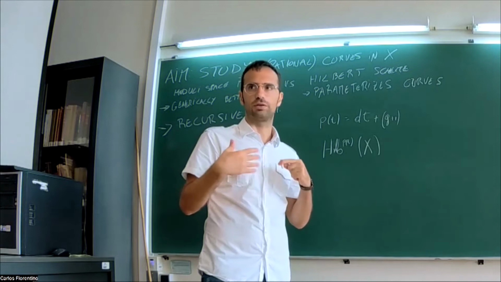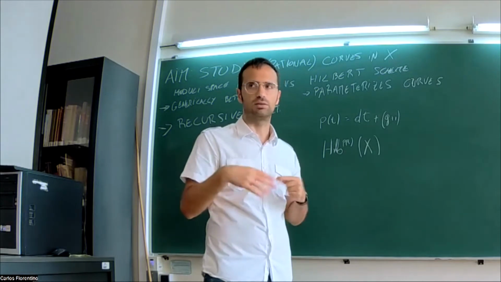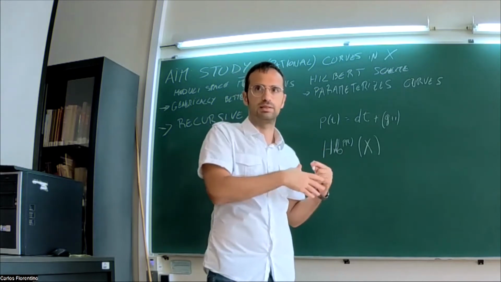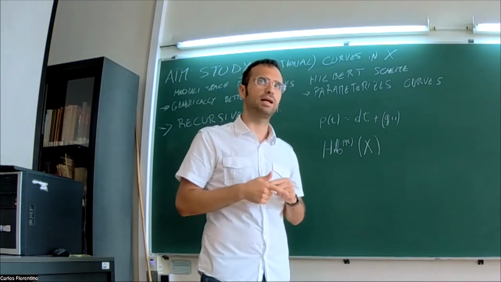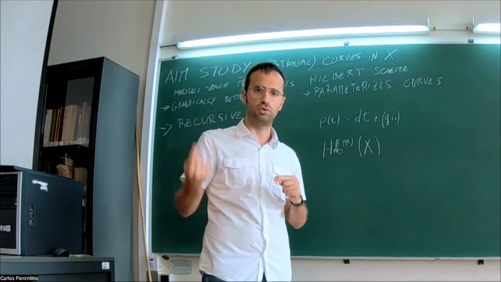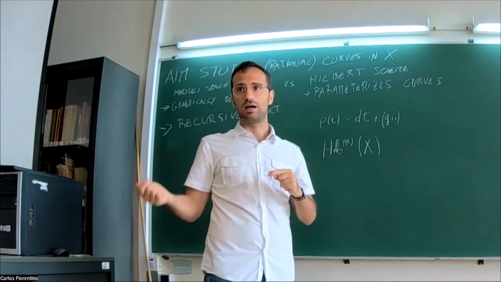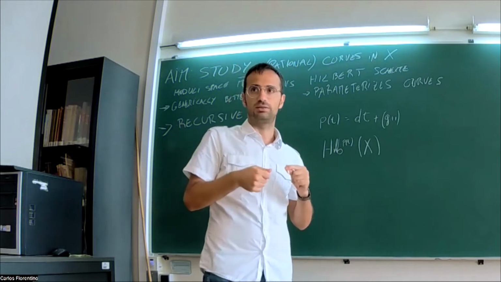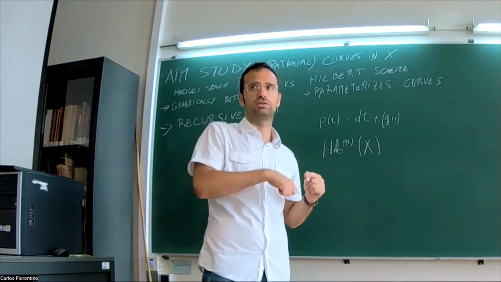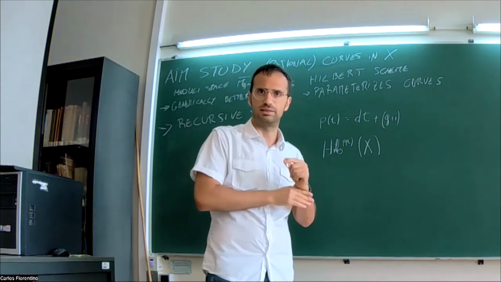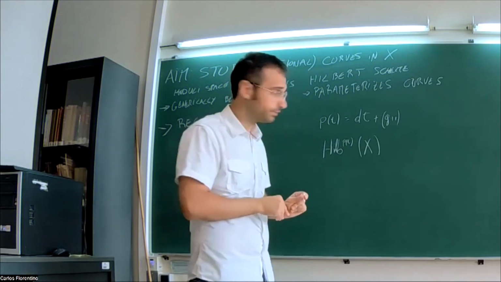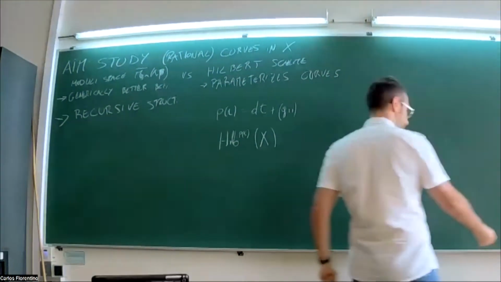We solved a lot of enumerative problems, classical and not classical, using this case. In some cases, curves of positive genus have been solved just by looking at genus 0. Maybe if there is time, we will see this example later. So let's start.